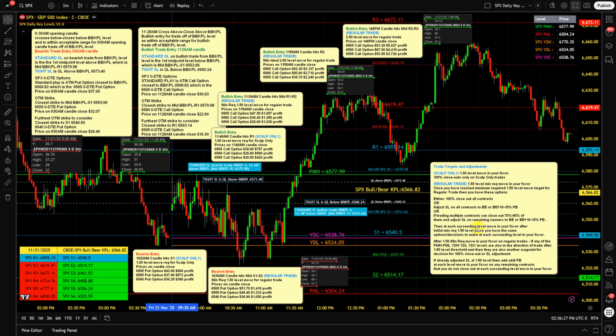And then at each succeeding level move in your favor, after the initial 1.5 level move, you would have the same decision to make, which we will go through as we go through these trades.